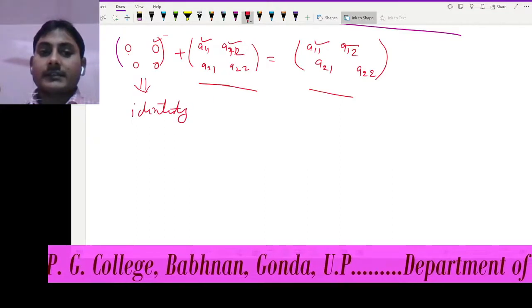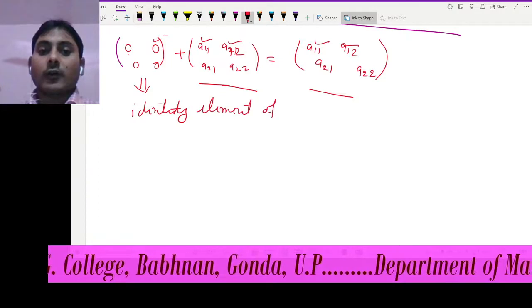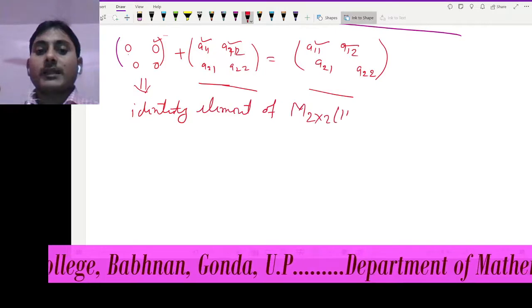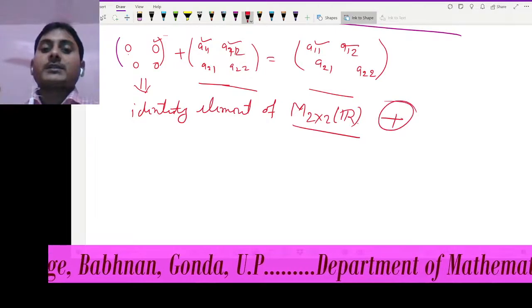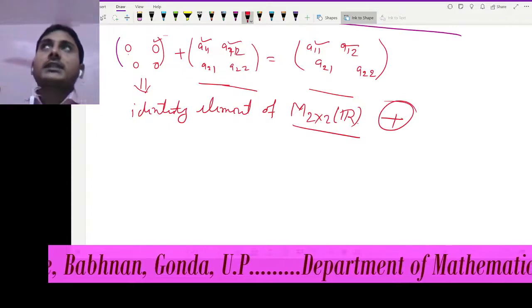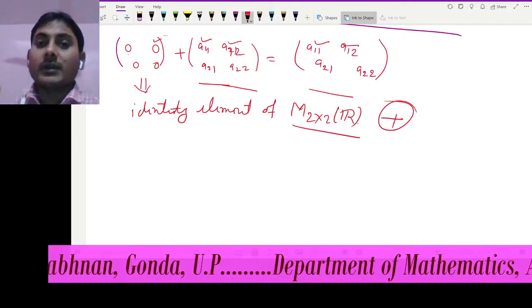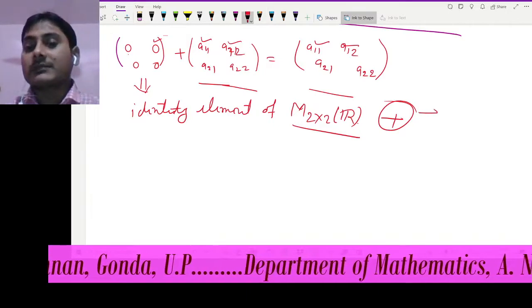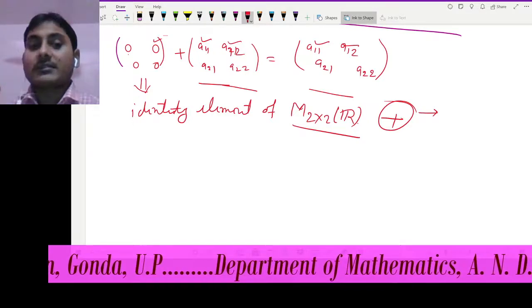This is the identity element of the 2 by 2 matrices over R with respect to this plus operation, and this plus operation is known as matrix addition.